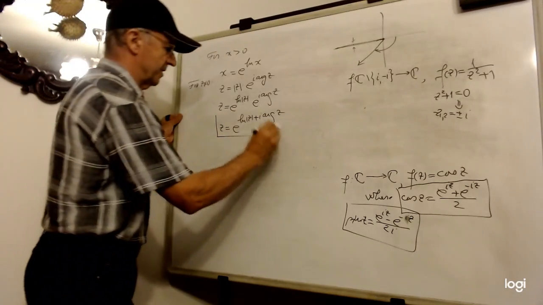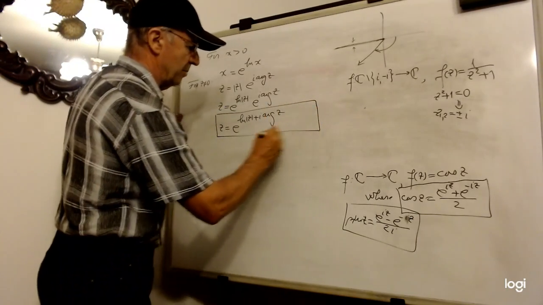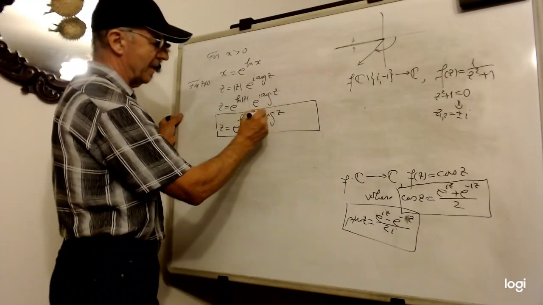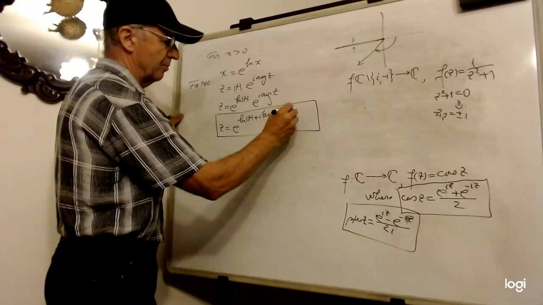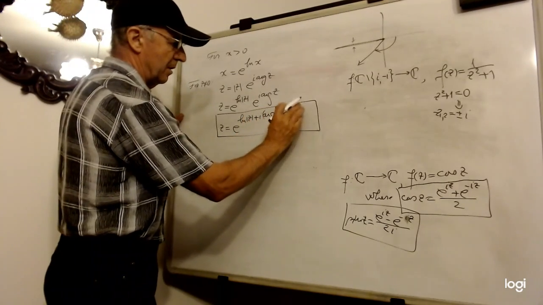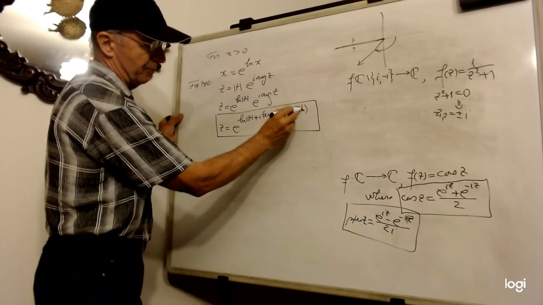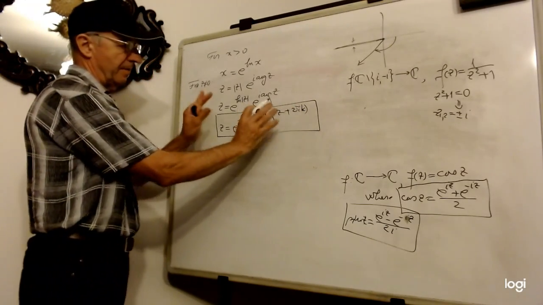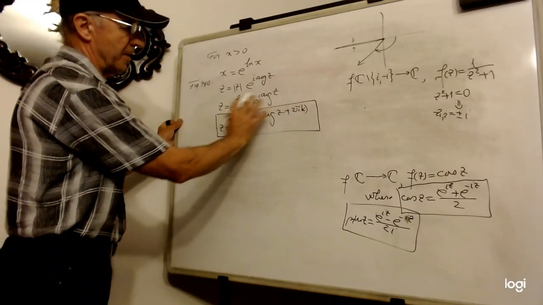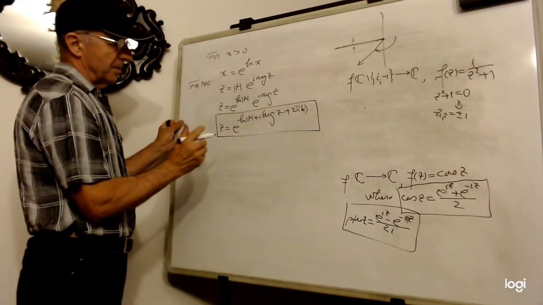We have such a formula, but here we can add 2k pi, a multiple of 2 pi, and the right hand side remains unchanged.